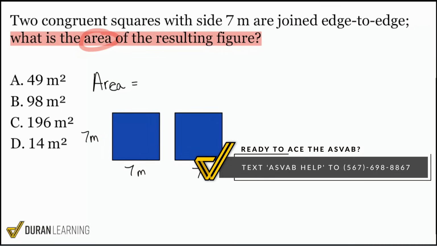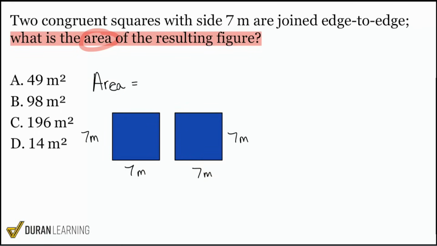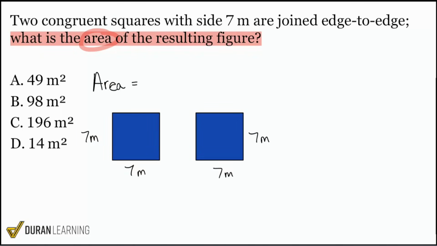And this one again is 7 meters by 7 meters. Now, when we join them together, boom, you can consider that a rectangle. Or since it's just the sum of the areas, we can think about it as two separate squares. Either way works just fine.